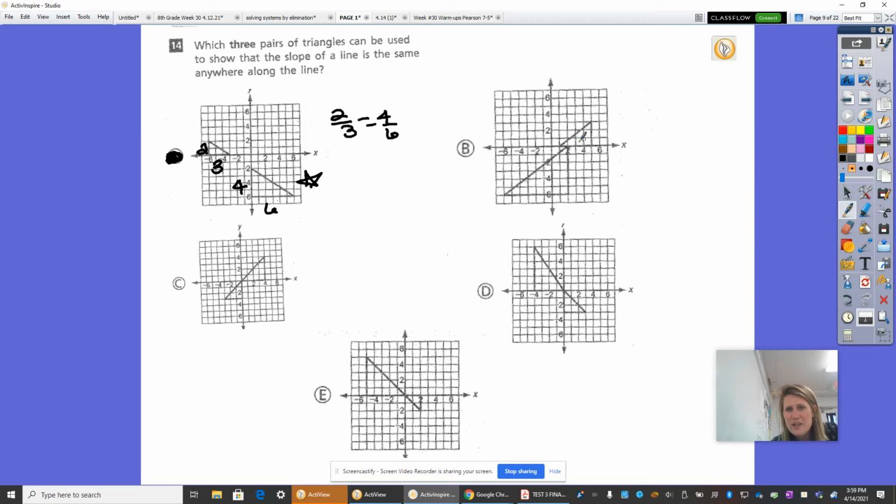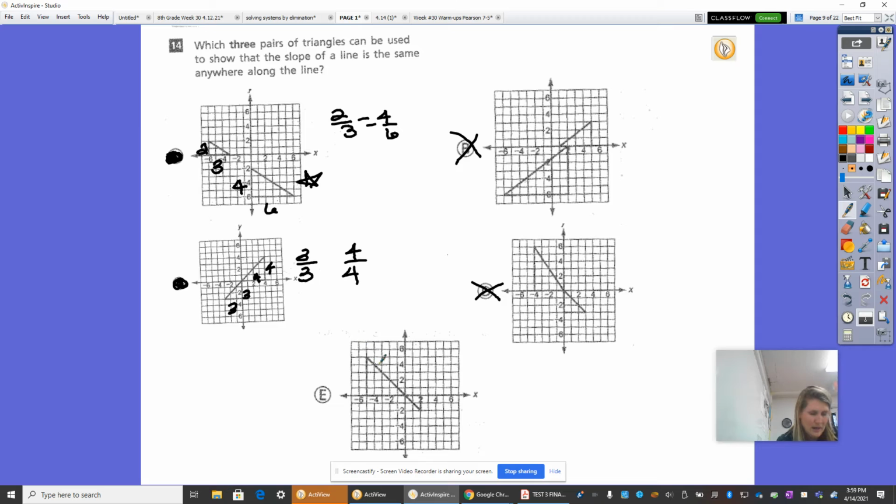Well, first of all, these aren't even on the same line, so that would not work. C, those are on the same line, and this is a 3 by 3, and this is a 4 by 4. And 3 over 3 does equal 4 over 4, so C works. D, I can tell right here it's not going to work because that's not a straight line.